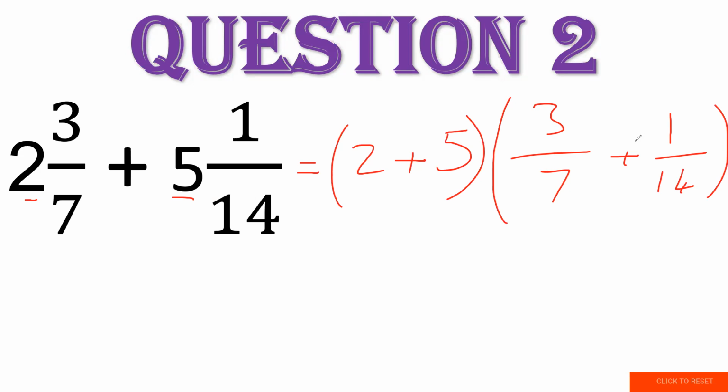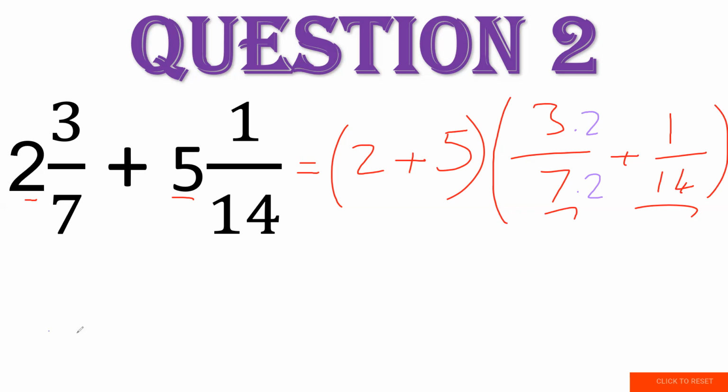In grade 6 also you have learned this kind of adding. So you cannot just add straight. You must make them equal. So 7 and 14, we must make them equal. So how can we make them equal? If I write here times by 2, they will be equal because 7 times 2 is 14.